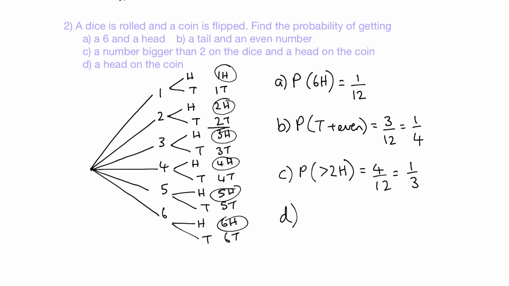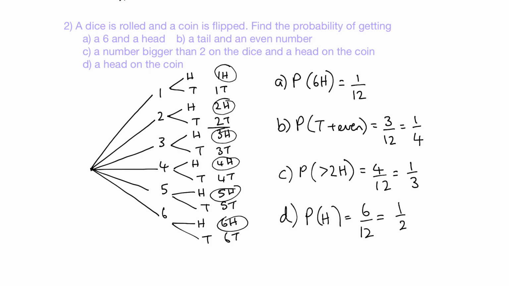So that's 6 out of 12, okay? Which makes sense because 6 out of 12 is a half, isn't it? So that makes sense because the probability of getting a head on the coin is a half, okay? Because that question doesn't rely on what you score on the dice at all anyway.